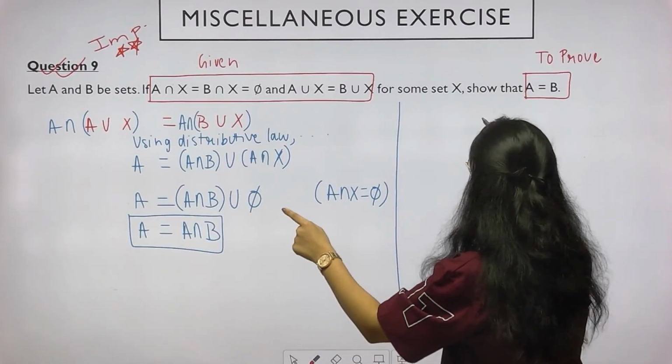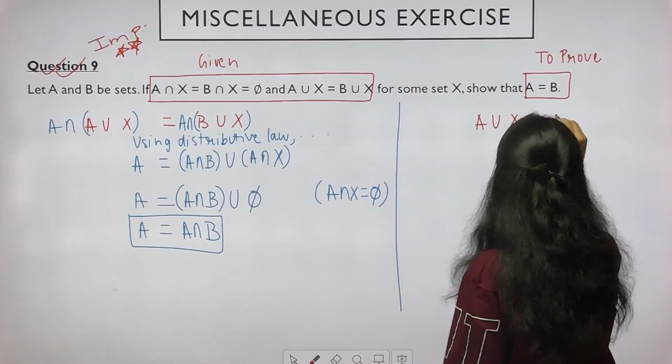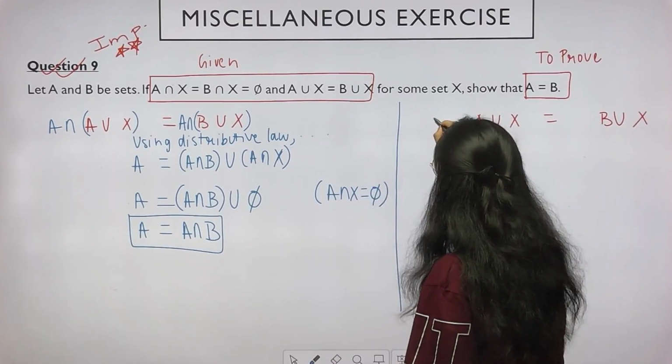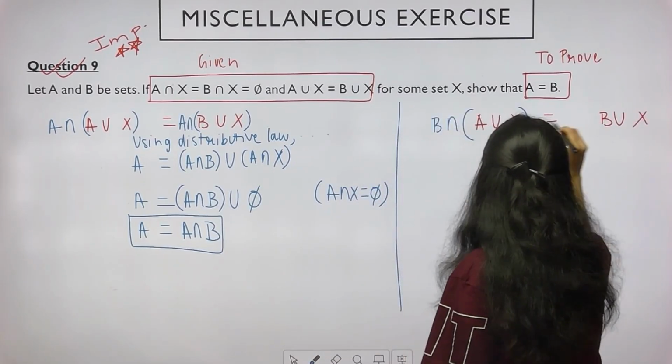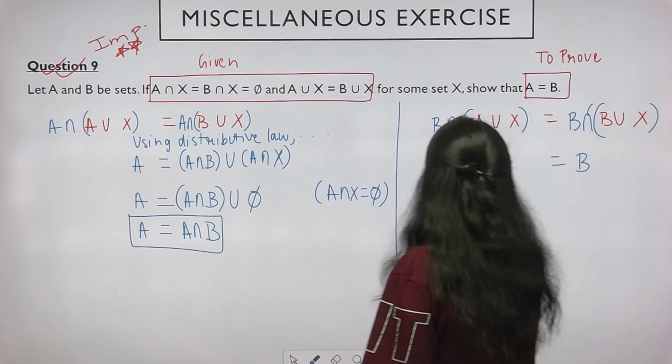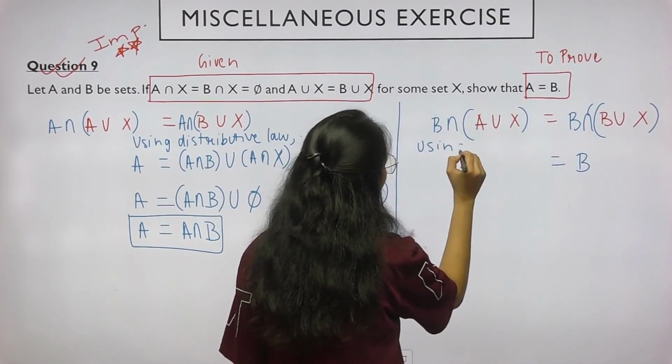We know that we have A union X is equal to B union X. Now we'll take intersection with B on both the sides. This becomes B only. Now here we'll use the distributive law.